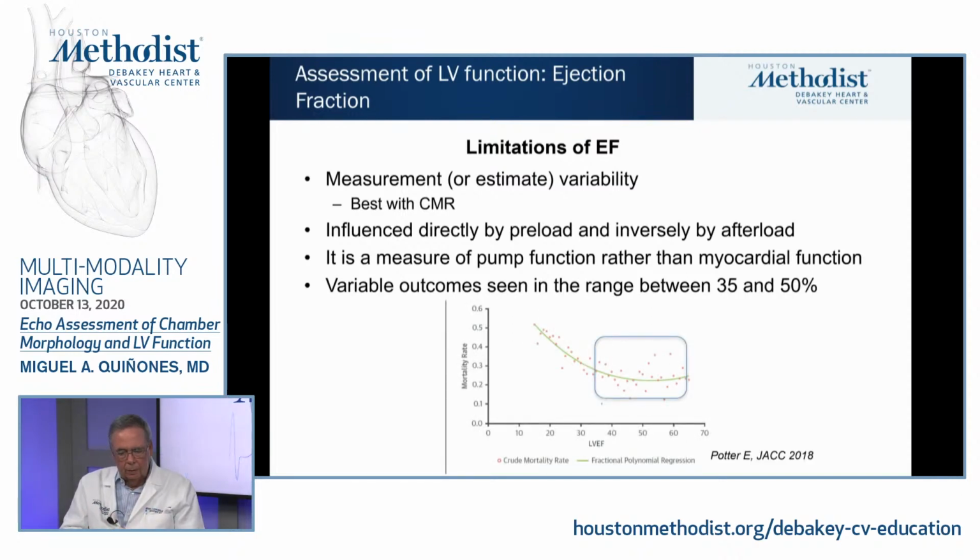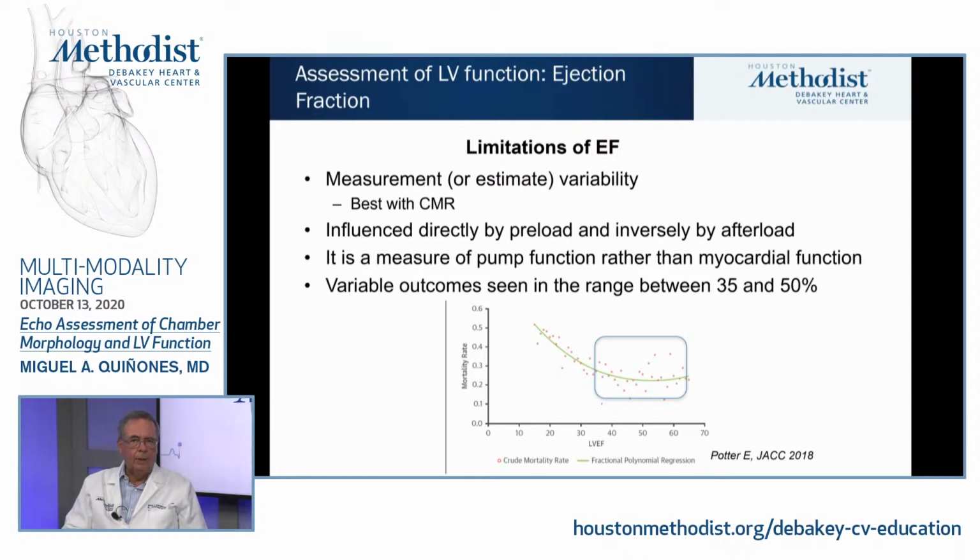This is a figure taken from an article by Potter, a review article, and you can see here that once EF goes under 30%, yeah, the mortality goes up, but within this range of 35 to even 60, you have a wide range of mortality, and the reason for that is HFpEF, heart failure with preserved EF, which is a disease that we know has almost as bad an outcome as HFrEF, and yet these patients may have perfectly normal EF.